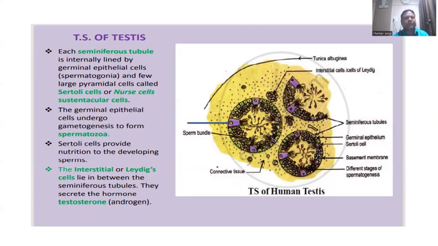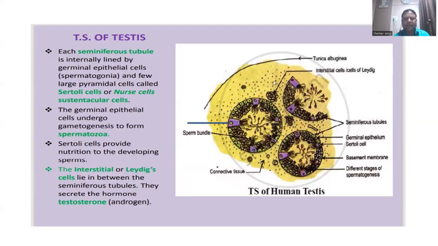Each seminiferous tubule is internally lined by what? Germinal epithelium and a few large pyramidal cells called Sertoli cells, the nurse cells. This spherical or oval structure is the seminiferous tubule. This yellow colored part is the reticular connective tissue and is covered by a covering called tunica albuginea.